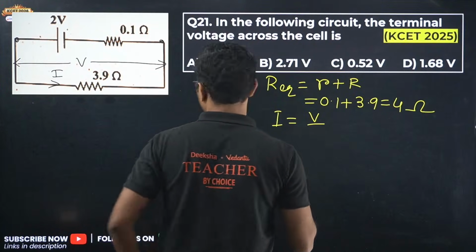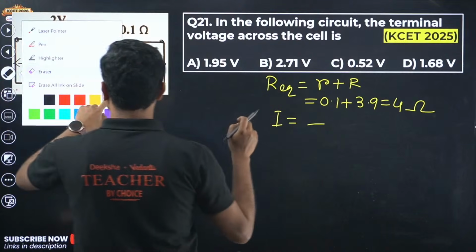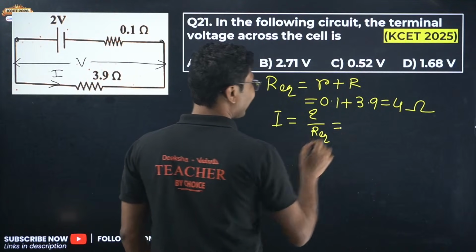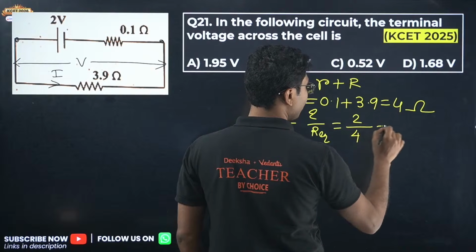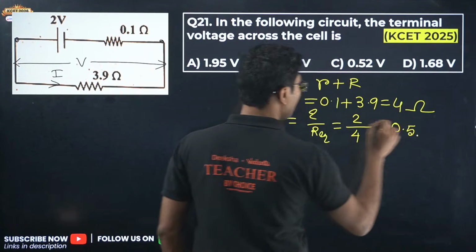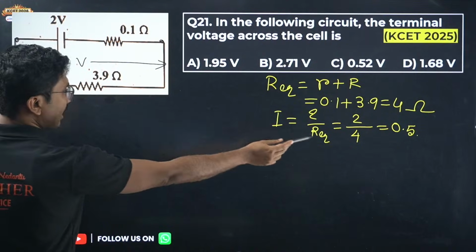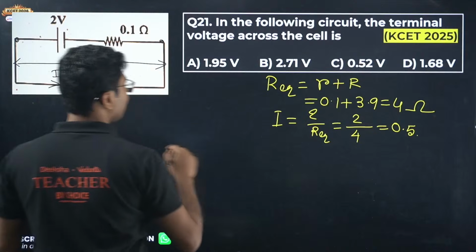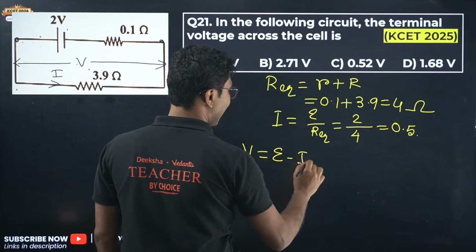not voltage, I should not say voltage, it is the EMF. So EMF divided by R equivalent, that is the current. EMF is 2 and resistance is 4, so 0.5 is the current. So what is the potential drop? Either you can multiply 0.5 with 3.9 to calculate, or another way is to find the voltage as epsilon minus I into small r.